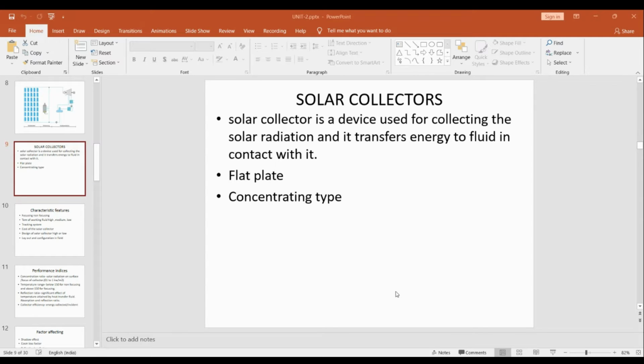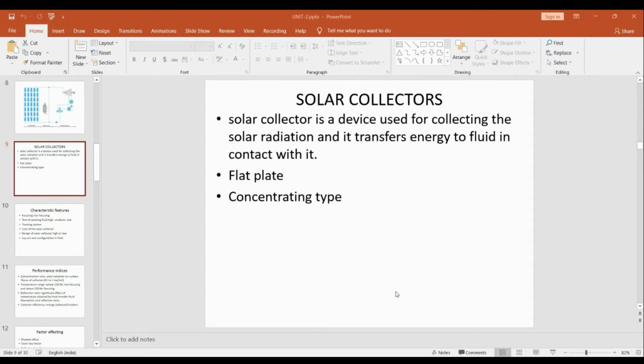The major difference is two types: flat plate collector and concentrating type collector, right? So in this topic we are going to study the concentrating collectors, right? Flat plate collectors are used for small scale industries, or small scale applications, or the minimum temperature needs.